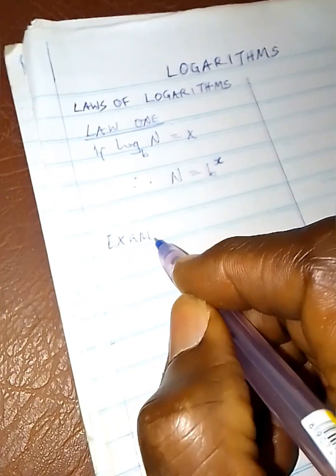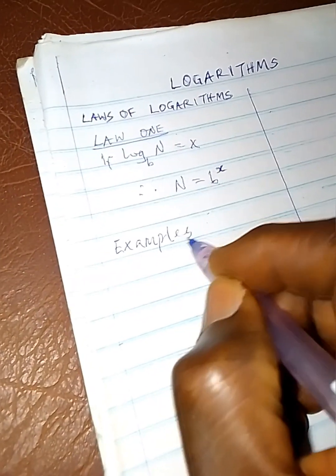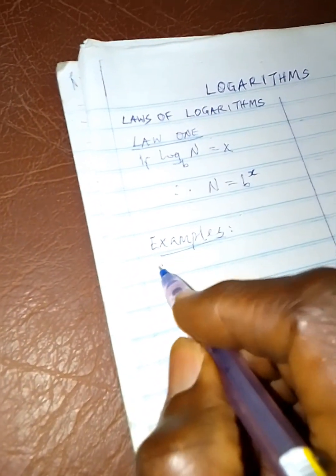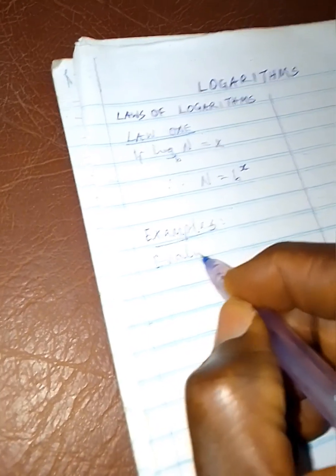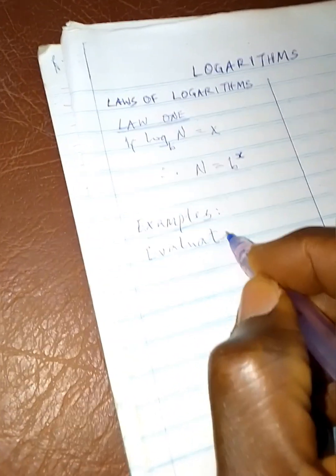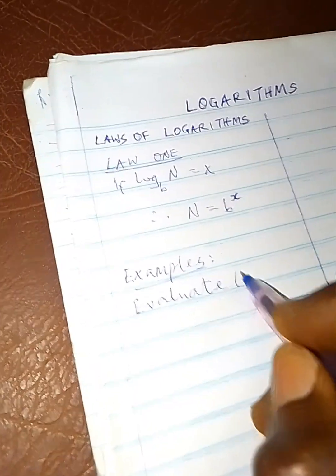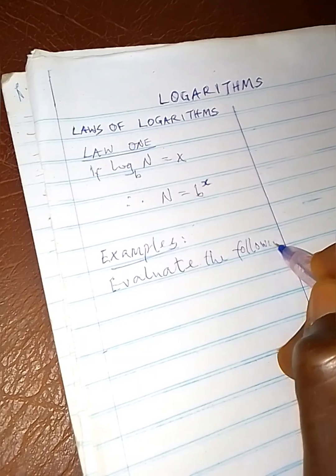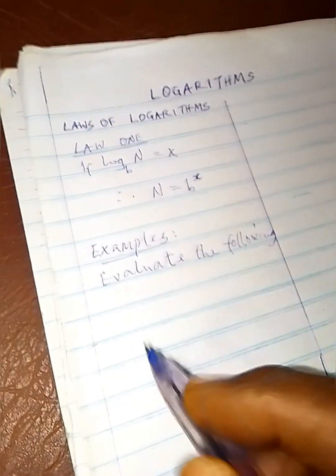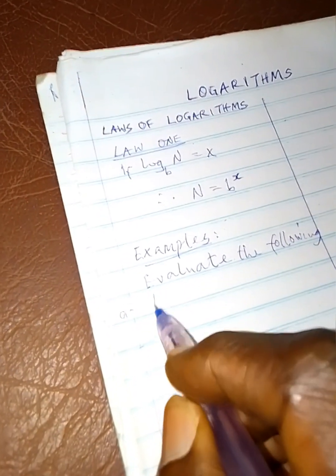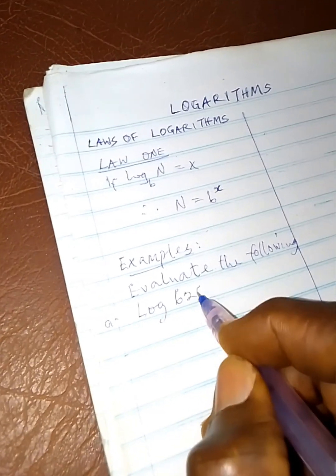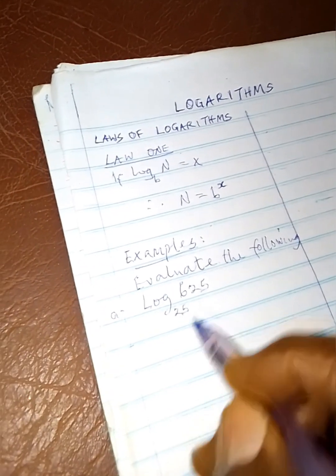We are going to consider just 3 examples. The first one is: evaluate the following. A. Log 625 base 25.